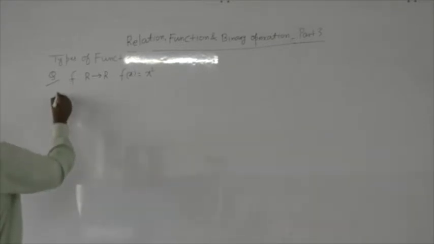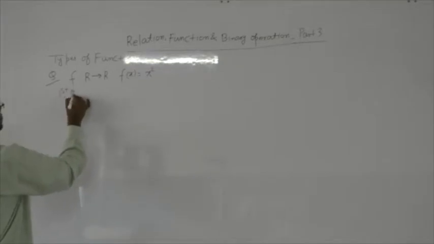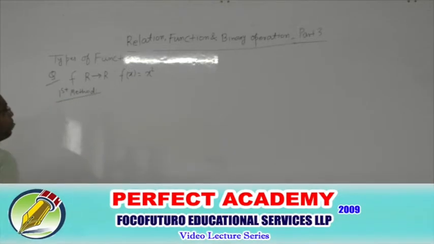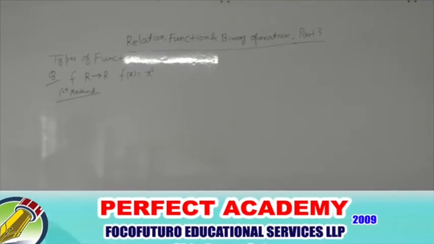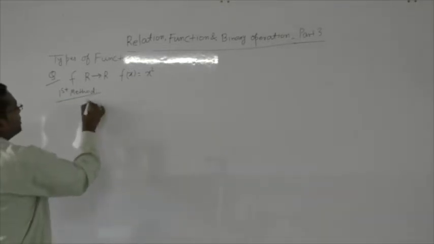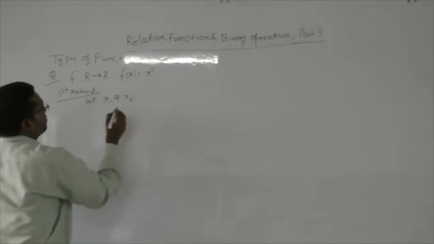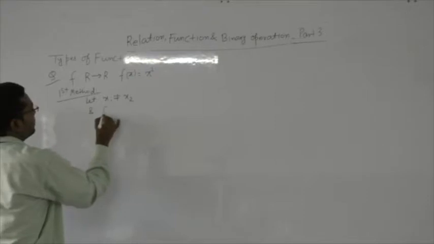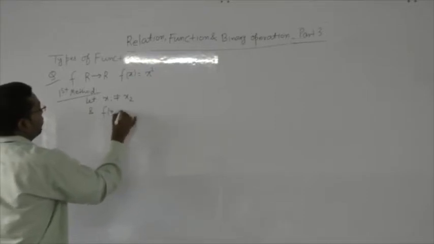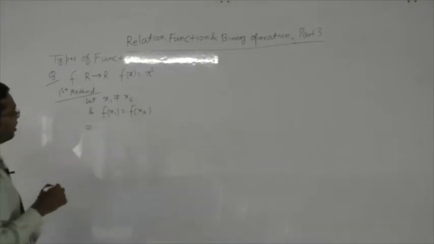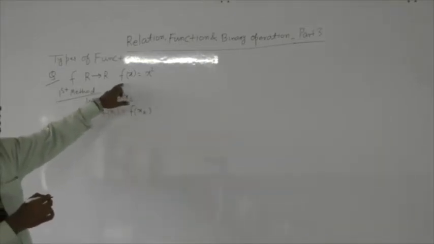Let's see by the first method, the theory method. Let x1 not equal to x2 and f(x1) equal to f(x2). We are assuming this. Now put this in the function f(x) equals x squared.